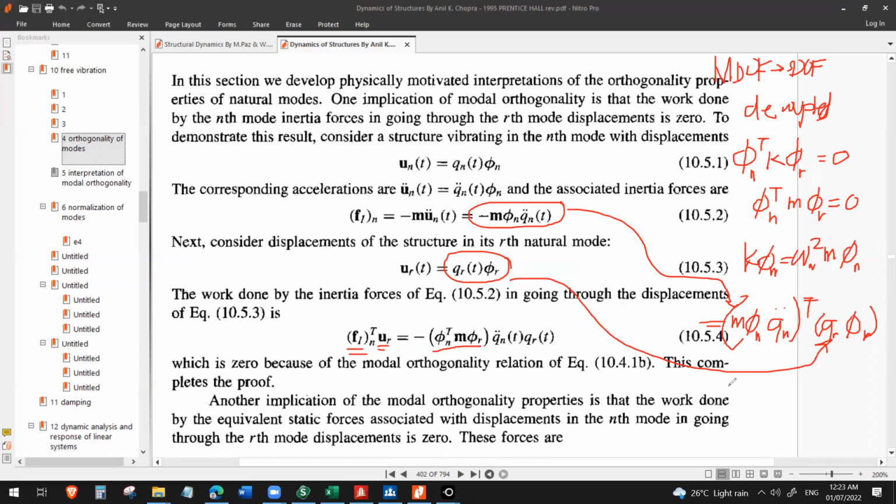Now, operating this, we have phi n transpose, M, Q double dot, and then we have Q sub r, phi sub r.